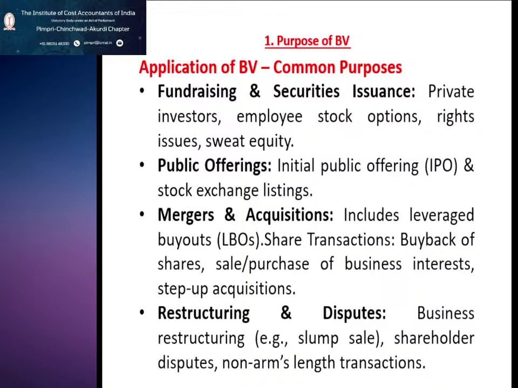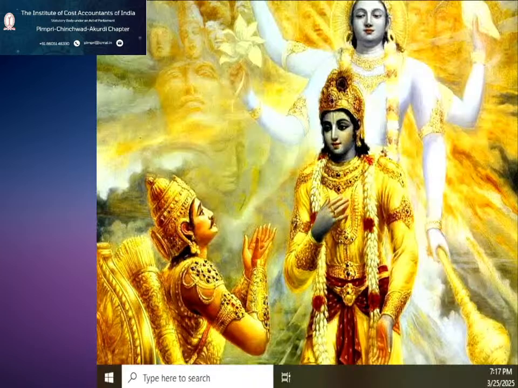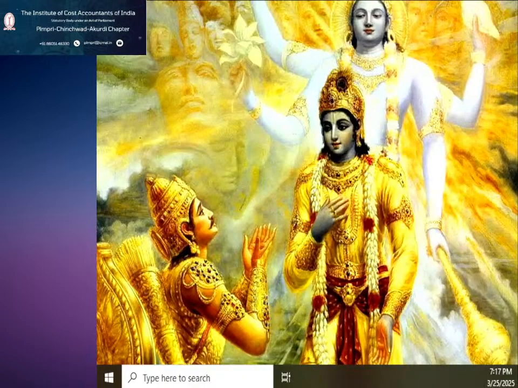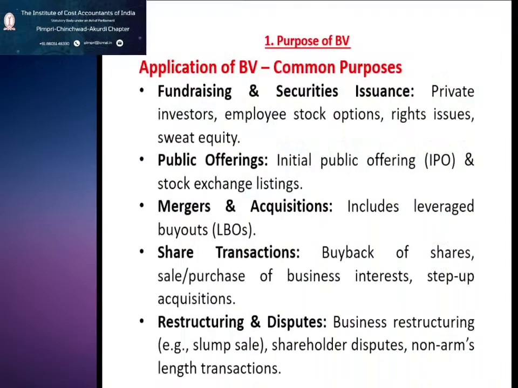It also applies in mergers and acquisitions, which include leveraged buyouts, popularly called LBOs, and in certain key share transactions like buyback of shares, sale or purchase of business interest or controlling interest, and step-up acquisitions.